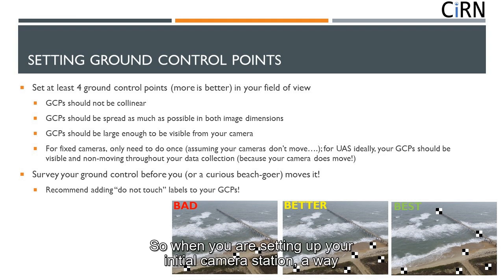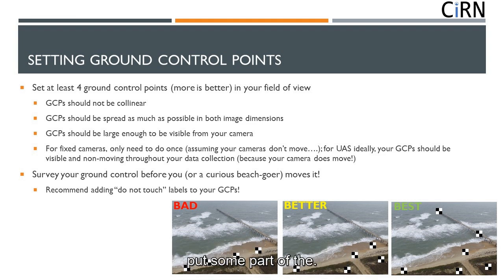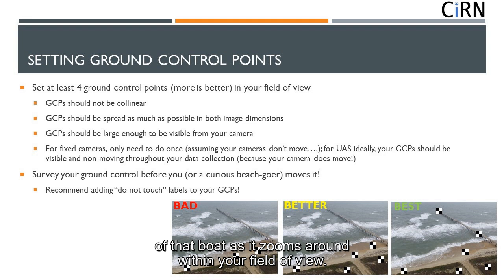Yes. So when you are setting up your initial camera station, a way that you can get around having poor GCP distribution is if you have a boat that's possible to be in your field of view, you can put a GCP on a boat, and you can take a bunch of images of that boat as it zooms around within your field of view.